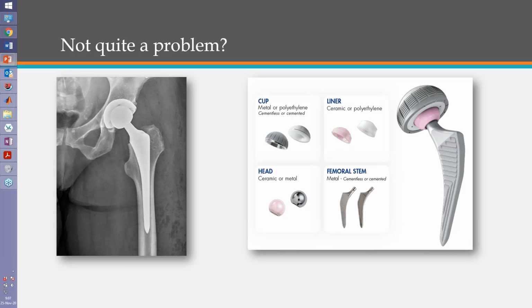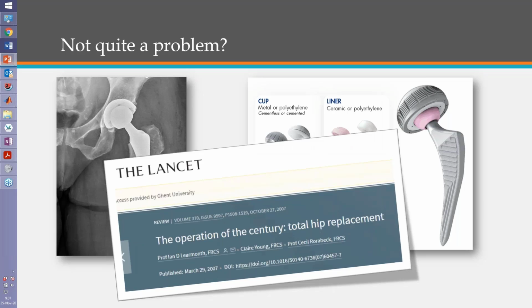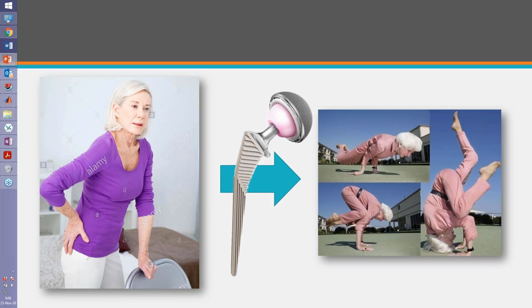So the results of the surgery for the right indication are good, even so good that we managed to get a publication in The Lancet, one of the leading journals in medical literature. If your grandma gets hip osteoarthritis, you simply do the surgery, put in a THA, and after a few months of rehab, she will be able to get back to her daily life activities.